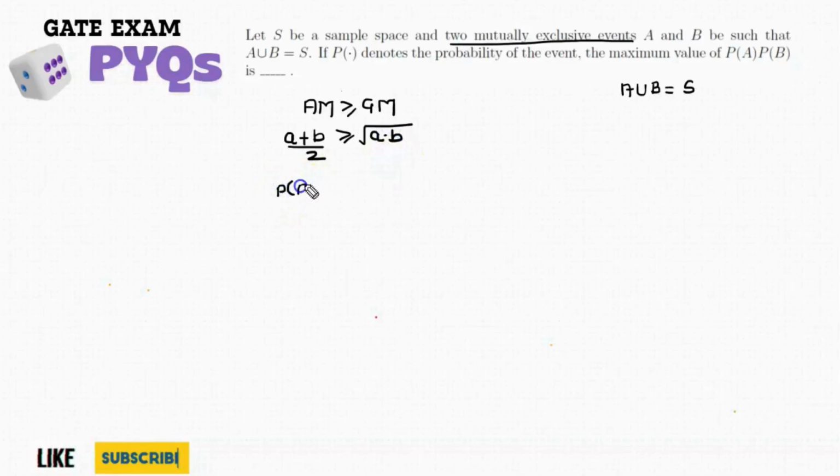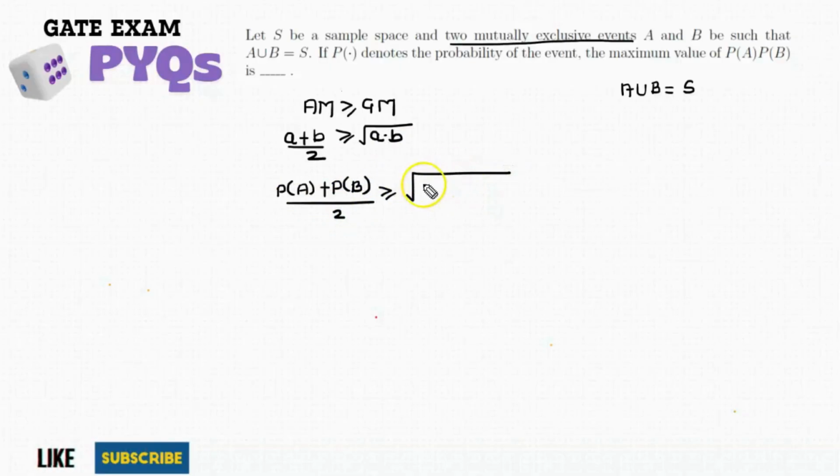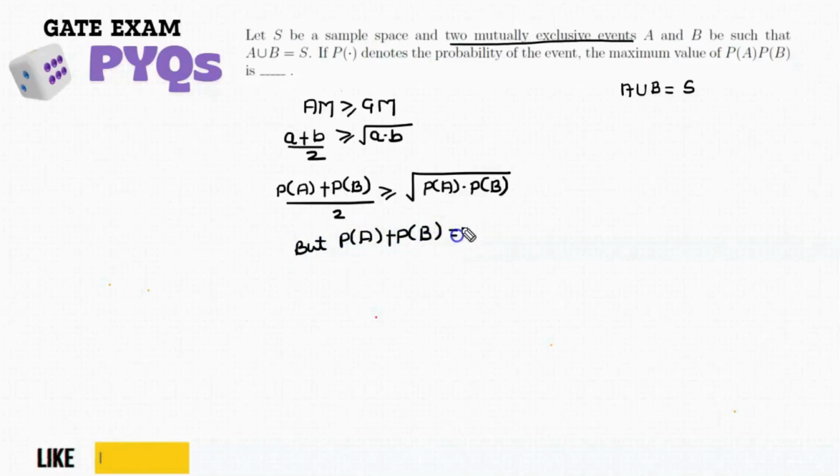So here we can write that the probability of A plus the probability of B over 2 will be greater than or equal to the square root of the probability of A times the probability of B. But we know that the probability of A plus the probability of B equals the probability of the sample space, which is 1. From here we can see they are mutually exclusive.